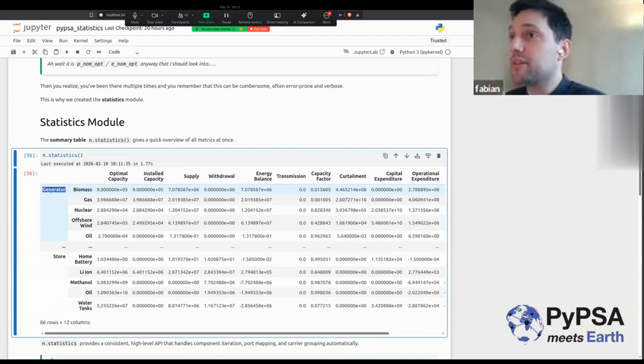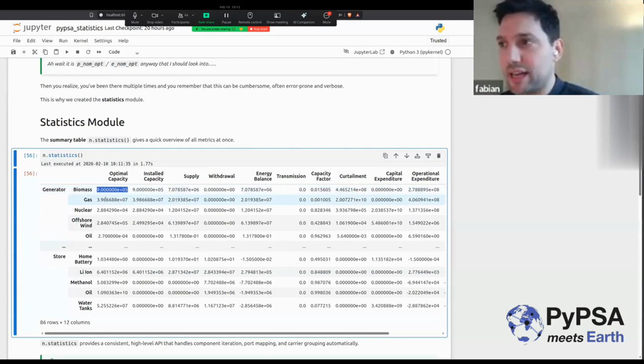So here we're looking at the generator biomass carrier, with all the biomass carriers and generators aggregated, and they have an optimal capacity of, what's that, 90 terawatts, I guess. Or is it gigawatts? I guess it's gigawatts, 900 gigawatts.